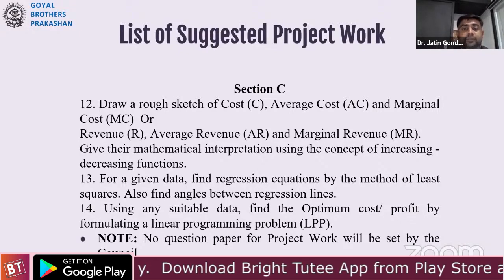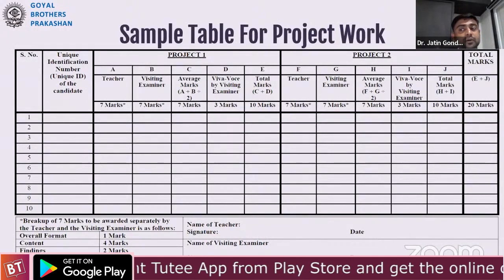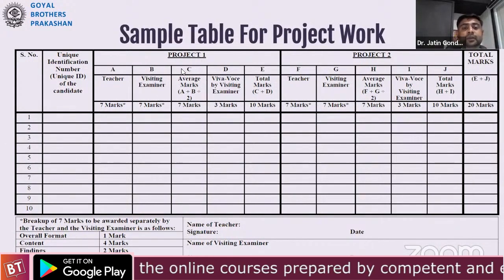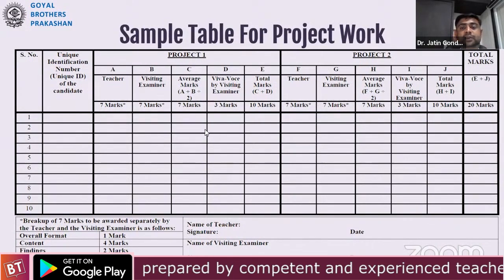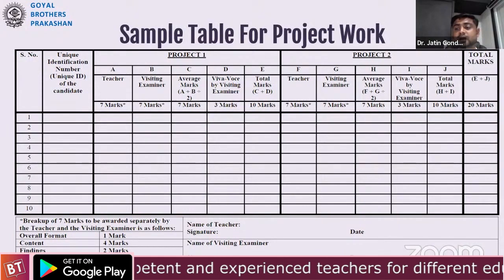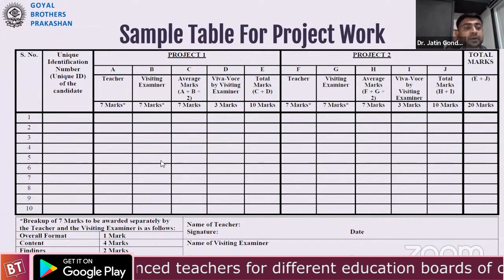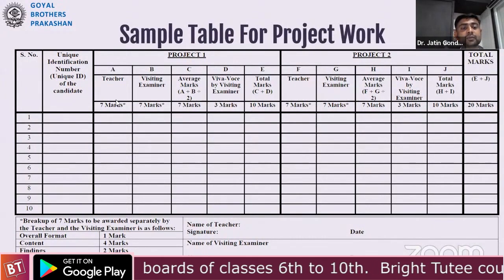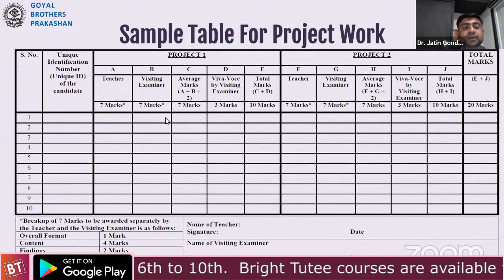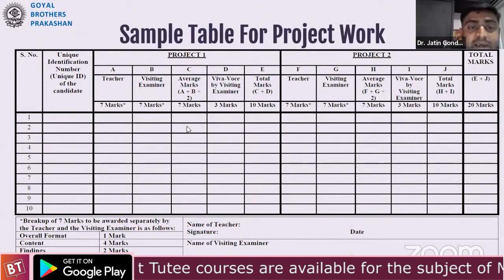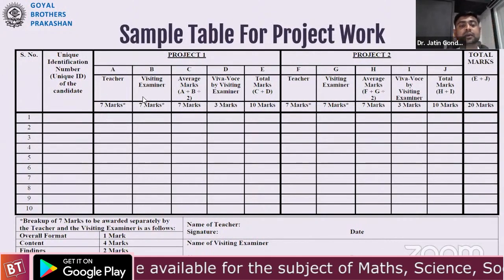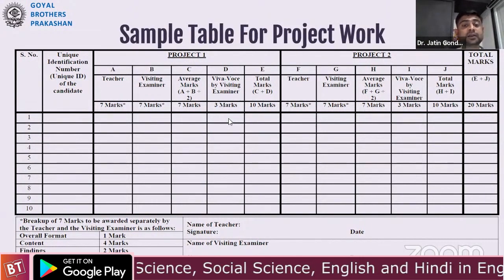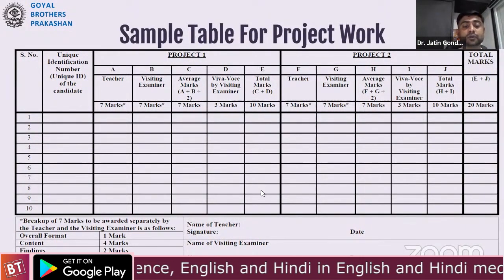There is a sample table for project work. You can find here the assessment of project 1 and project 2, and here the final column for 20 marks. Here you can write the UID of the candidate, then marks out of 7 by the teacher, out of 7 from the visiting examiner, then the A plus B by 2, then marks of viva voce, which will be conducted by the visiting examiner, and here the total out of 10 marks.